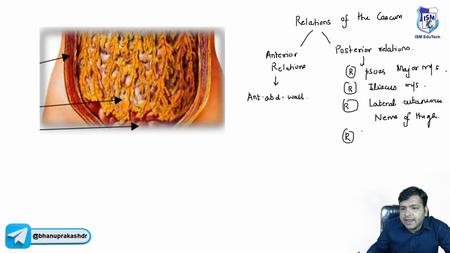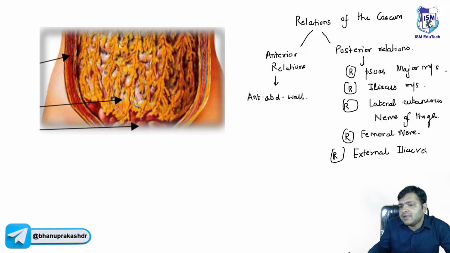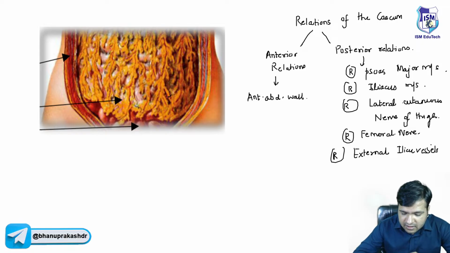We have the right femoral nerve, which is behind it. We have the right external iliac vessels. When I say external iliac vessels, beta, it is the external iliac artery and the external iliac vein.